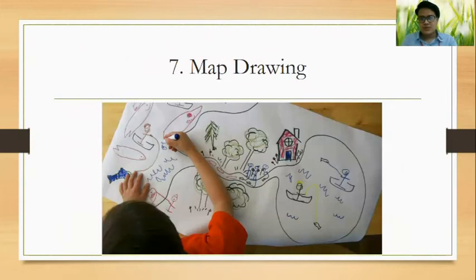So let's move to the interesting one, which is widely used in primary or can be kindergarten. This map drawing technique is very good for kids. You let the student draw the information, but most likely teachers use it to draw maps of our countries.